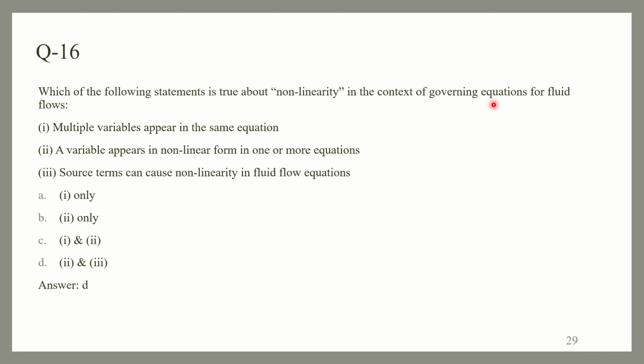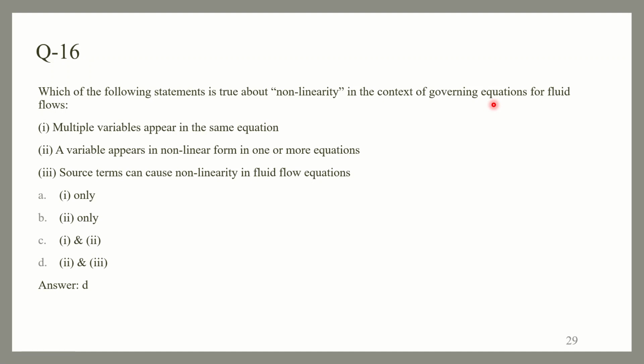Option D is the right answer. What do we say with nonlinearity? It is not about the appearance of multiple variables in the same equation, that is coupling; in nonlinearity the same term appears in nonlinear form in one or more equations. For example, in the momentum conservation equation, for the x momentum equation you have terms like u square and uv, whereas for the y momentum equation we have uv and v square.